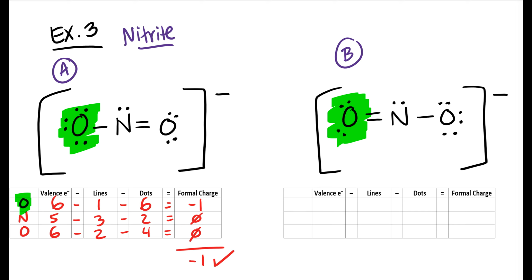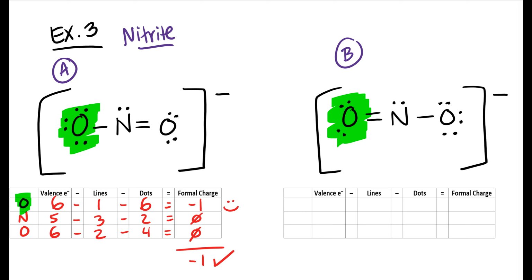This is a polyatomic ion, so I have to make sure the sum of those formal charges equals the overall charge. And when you have to have an atom with a negative formal charge, we want to make sure that it's the more electronegative atom. Oxygen has the negative formal charge in structure A, and yes, oxygen is more electronegative than nitrogen, so this is okay for right now.